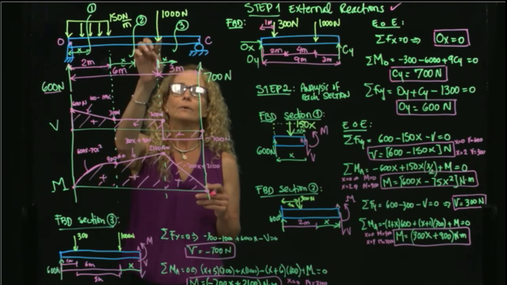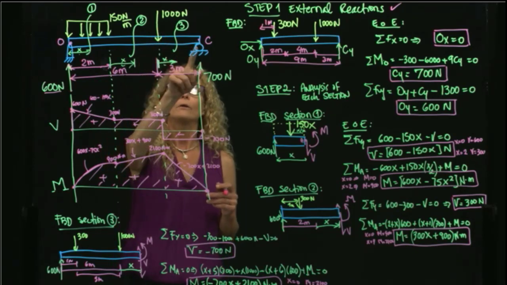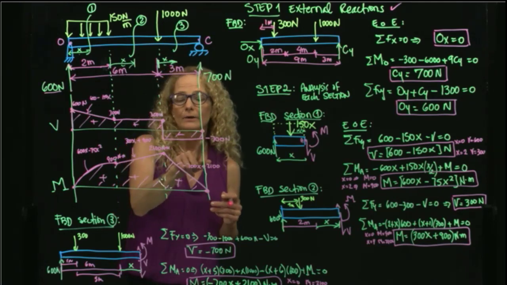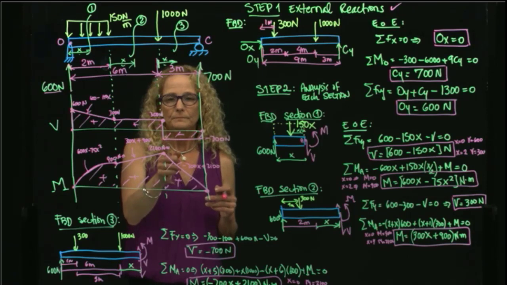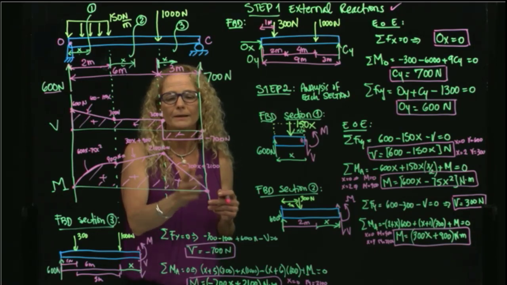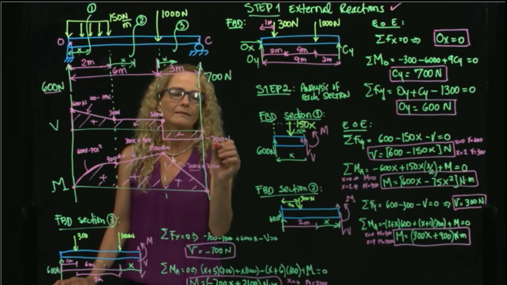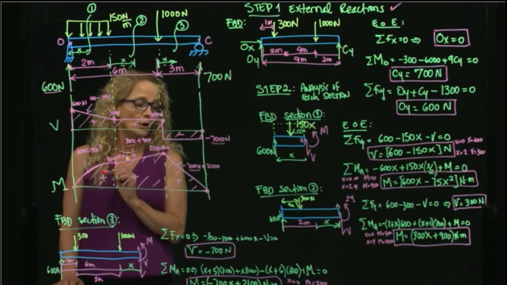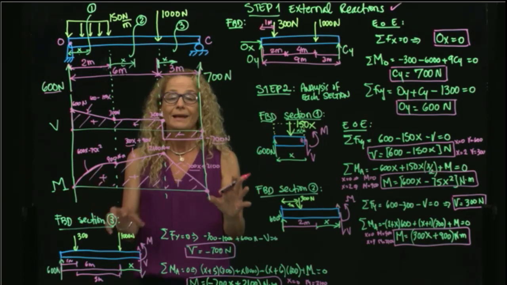I already talked about the concentrated loads, and here again, we do not have any distributed load, therefore my shear diagram is constant, and since this is negative, I have a linear moment, and so my slope here is the same as my shear, and my slope here is the same as my shear. As I said, this is the solution of this problem.